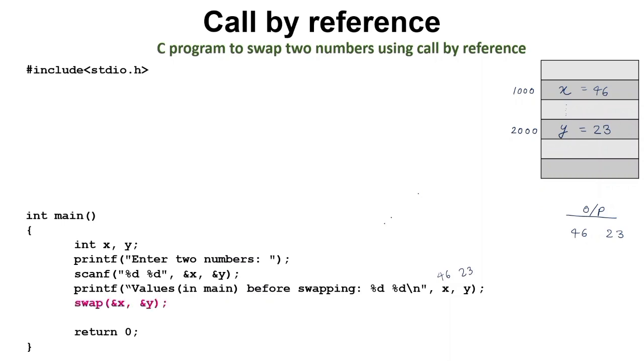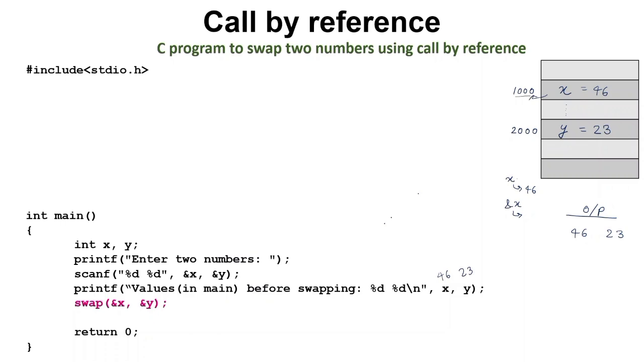Next is your swap address of x and address of y. So what does this mean, address of x? When you say x, just x, what does that mean? 46, isn't it? But when you say address of x, what is address of x? Memory cell address, isn't it?